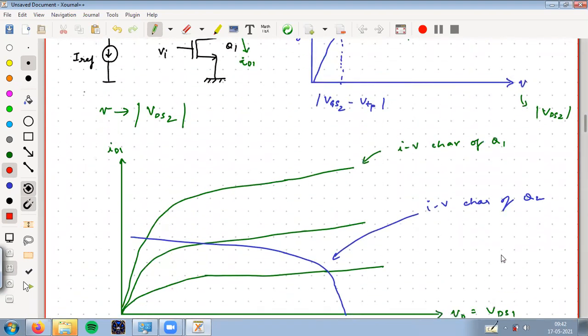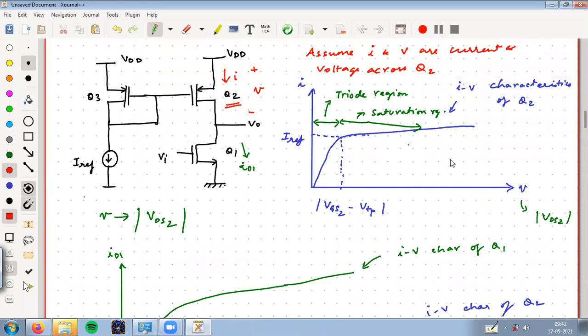You have to imagine here: I have taken the mirror image, which means it will come like this. Then I have shifted it by VDD, so it will become like this. This will become VDD, and I have superimposed it on top of the IV characteristics of Q1. So that is what I've done, right?